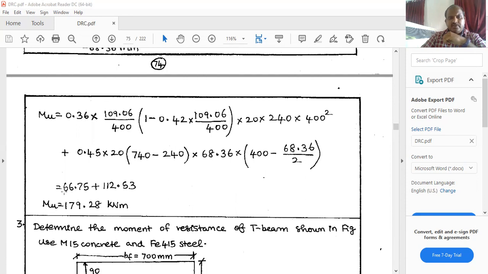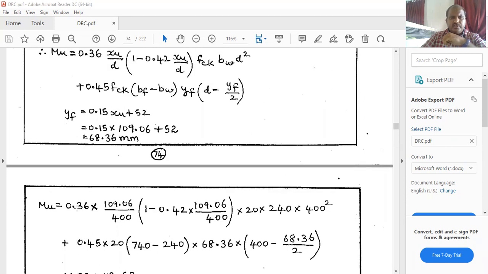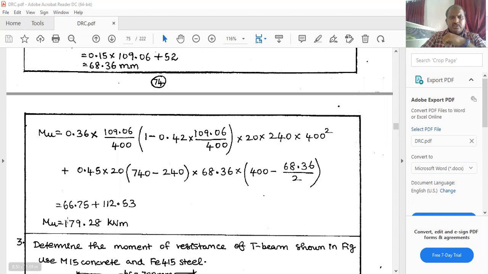Finally, we add the values 66.75 plus 112.53. So the moment of resistance value is 179.28 kN·m.